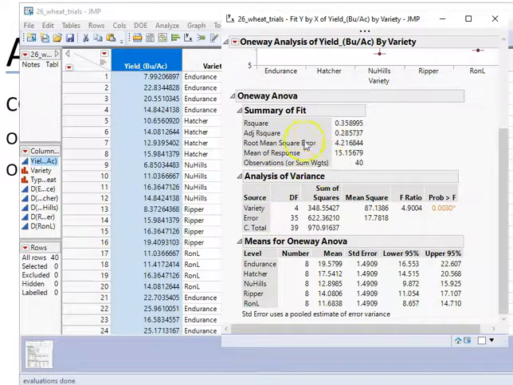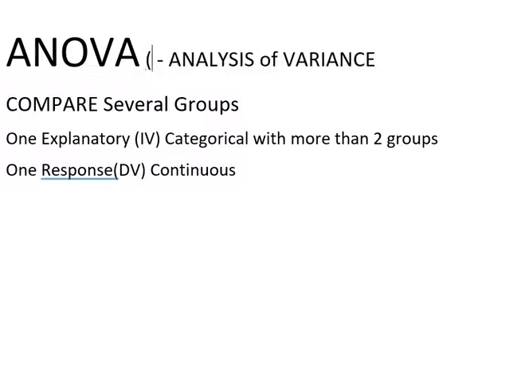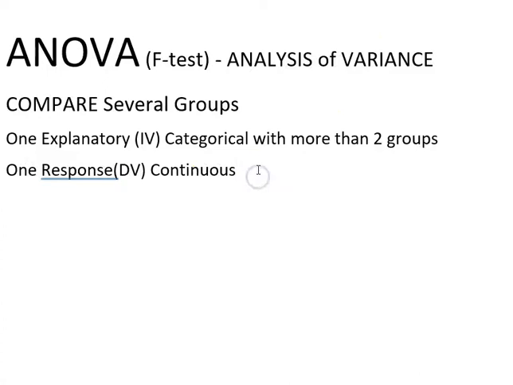You learned how to run ANOVA test, and ANOVA is based on T-test. Write it here. It's based on T-test, like Z or like T. F is a distribution, and you just need to make sure that the p-value is less than 0.05 to reject H0.